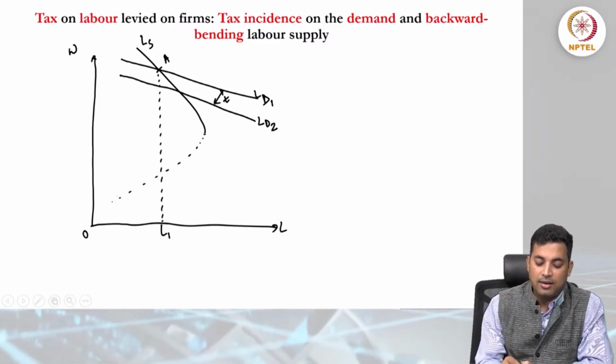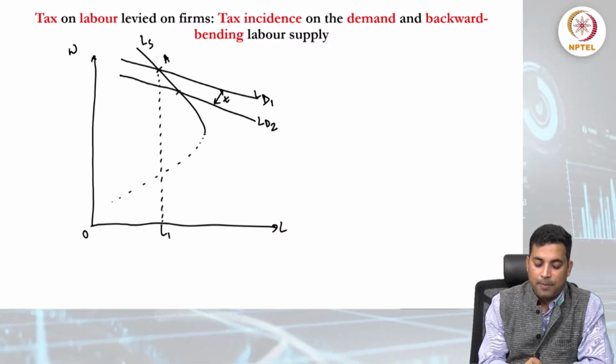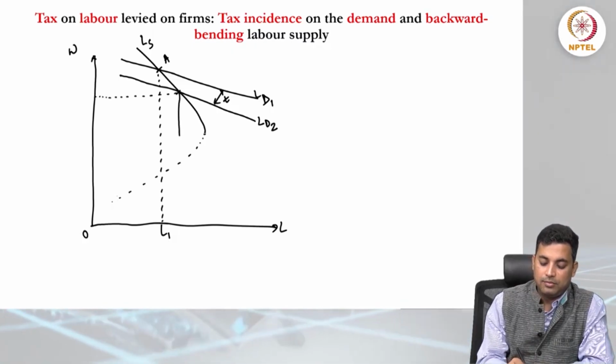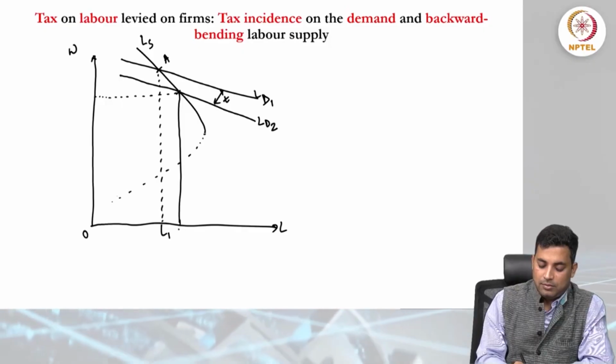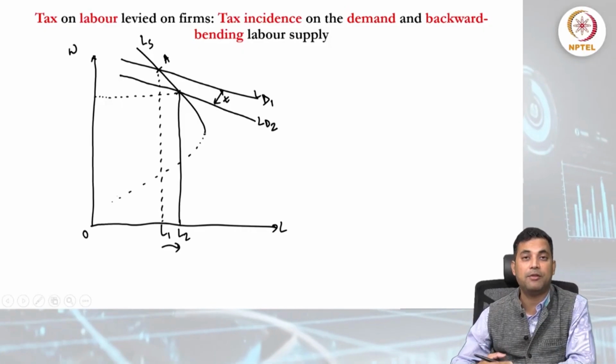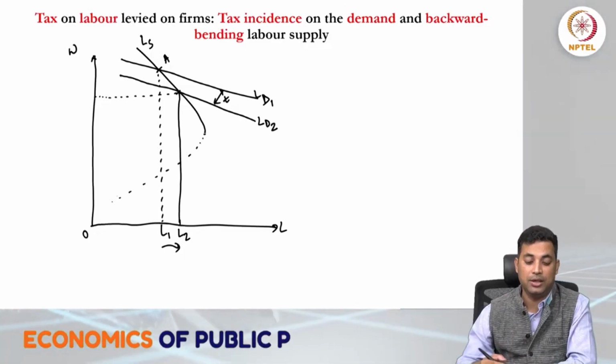So we can see we get the new equilibrium here, L2. Employment in fact has increased from OL1 to OL2.